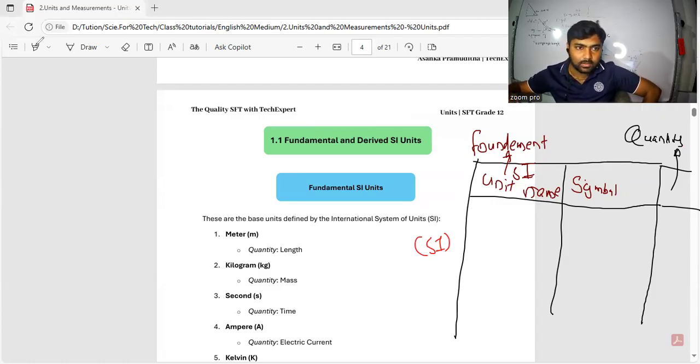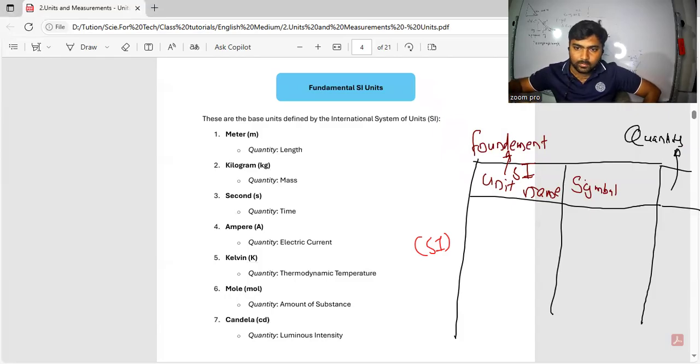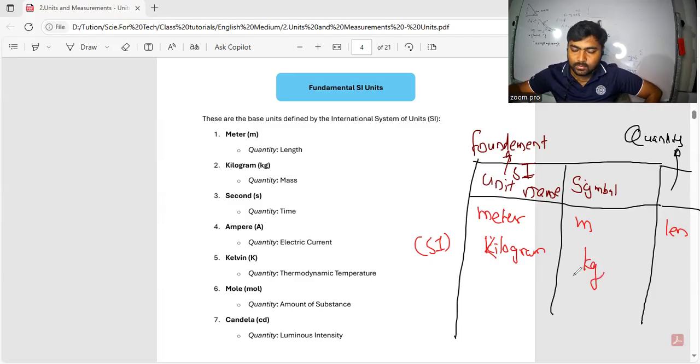Okay, then can you write this one? In the fundamental SI unit name, you can write like this: here meter, symbol, quantity is length. Then unit name kilogram, then symbol is kg. But this is very important.